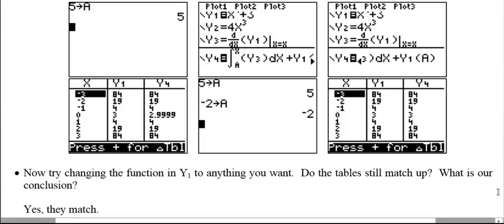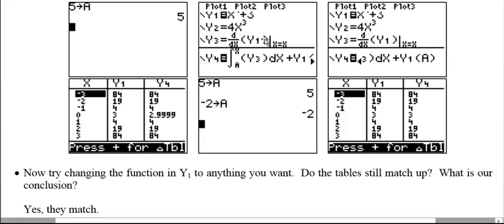Now, here's the next thing. Try putting in a different formula for y1. Just pick anything you want. So pick whatever formula you want for y1. See if this works. Now in this case, just delete y2 because we're actually using the numerical derivative of y1 and then doing the numerical integral of that plus y1 of a.